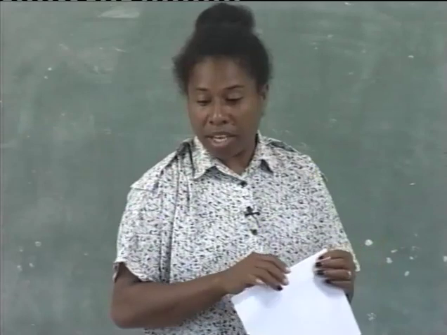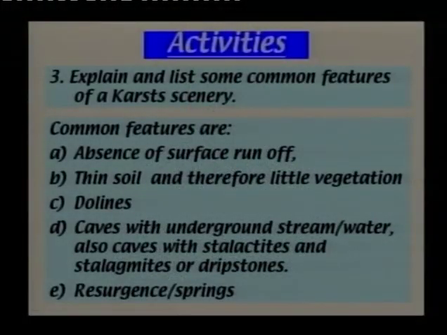Doreen, can you explain why there are thin soils and also little vegetation found within the karst region or topography? Why? Why is it that in such a region soils are thin and there is also very little vegetation? If we say that thin soils and little vegetation is one of the features that we look at to identify a karst scenery, why is it that such a region has thin soils and very little vegetation growing?